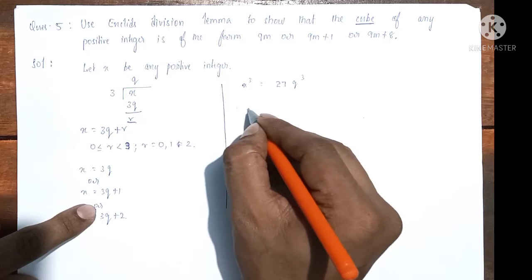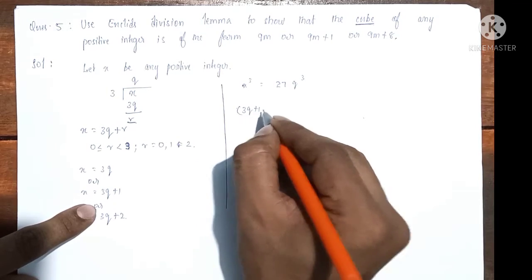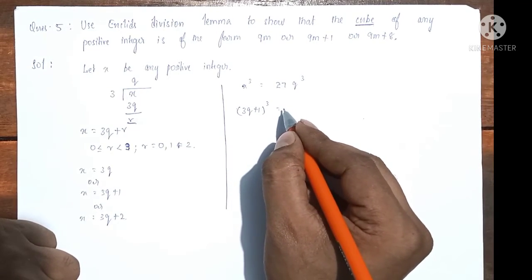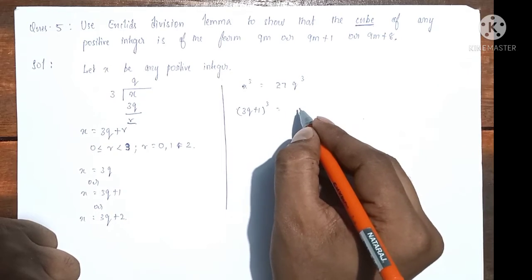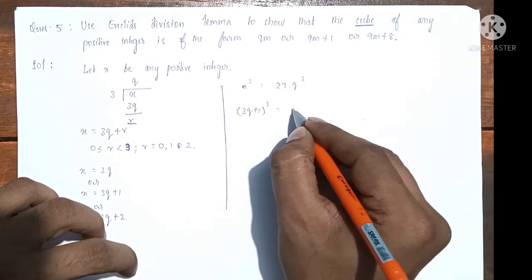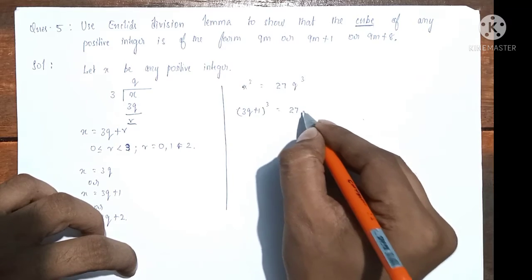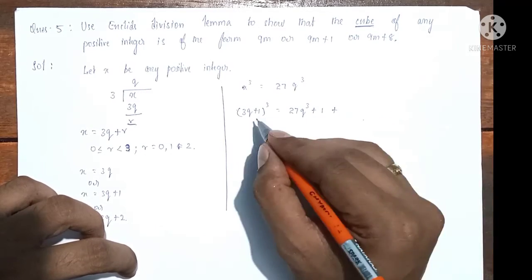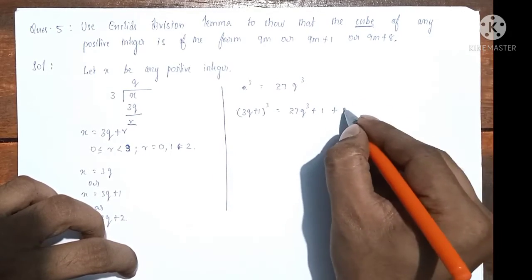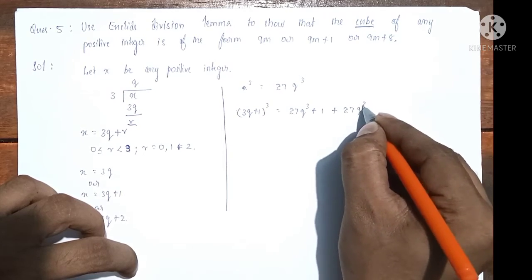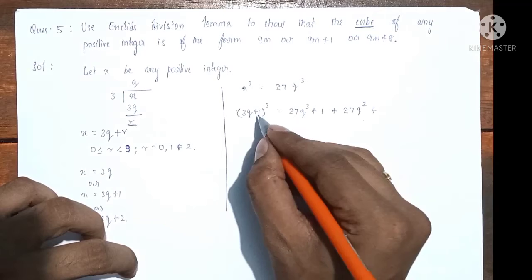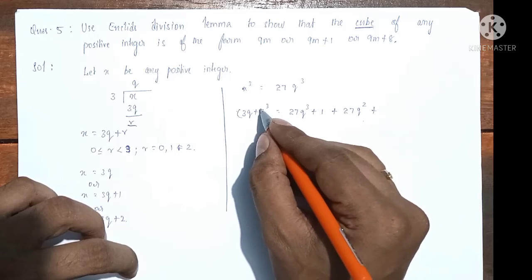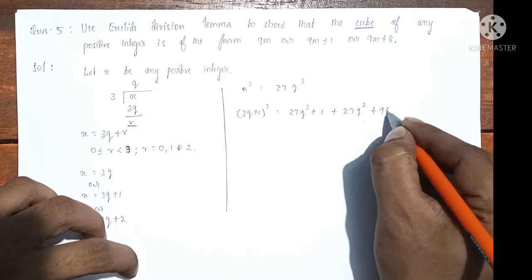Another value, 3q plus 1 whole cube. What is a plus b whole cube? a cube plus b cube plus 3a square b plus 3ab square. So here it will be 27q cube plus 1 plus 3 into 9q square plus 3 into 3q into 1, so it will be 9q.